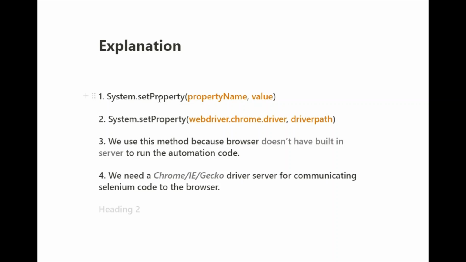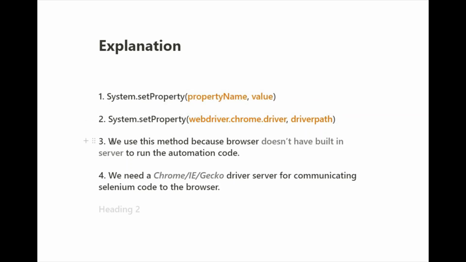This is Java's mechanism to set any property at the global level so that you can use it at a later phase. Second, we have to pass this in the same fashion. Suppose you write webdriver first and chrome later, and if you change the sequence, in a nutshell, it will fail.